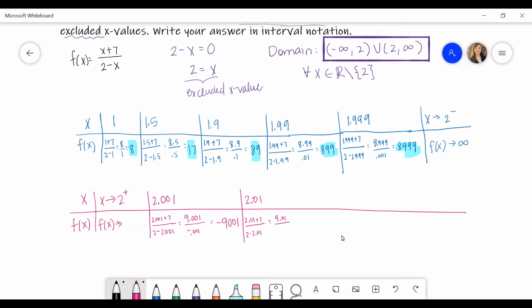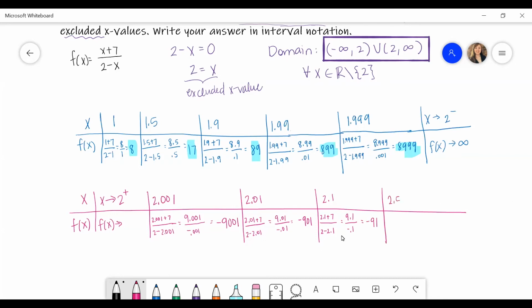And then 2.01, 9.01 divided by negative 0.01 should give you negative 901. 2.1, so 2.1 plus 7 over 2 minus 2.1, that's 9.1 divided by negative 0.1, negative 91.